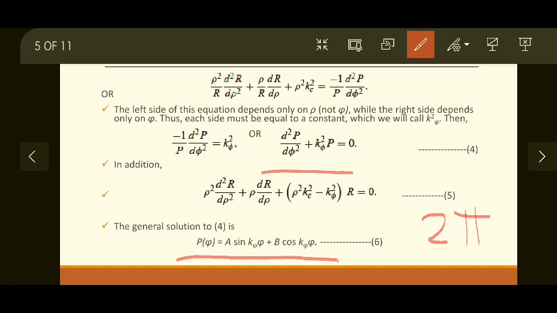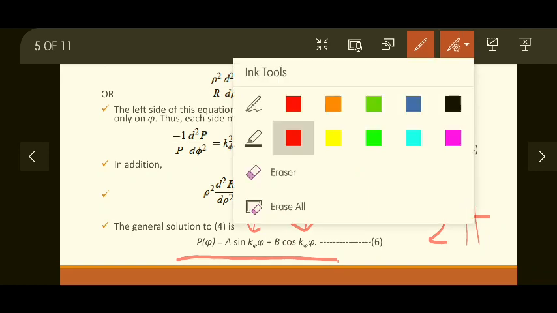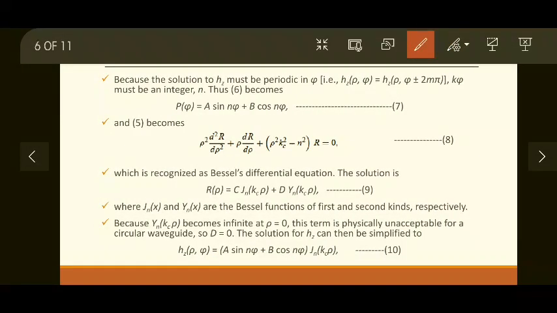So the sine function and cosine function will repeat their values after 2 pi radians. So in this case we can rename this k phi as an integer, because values of sin k phi phi and cos k phi phi will repeat after 2 pi radians.